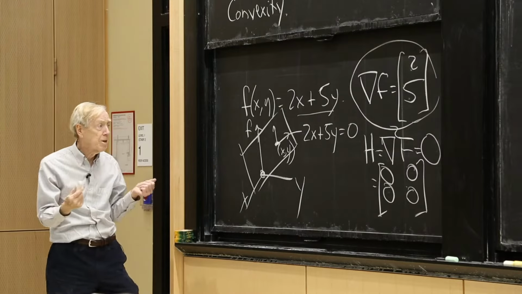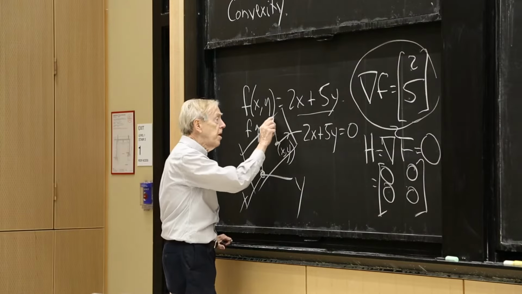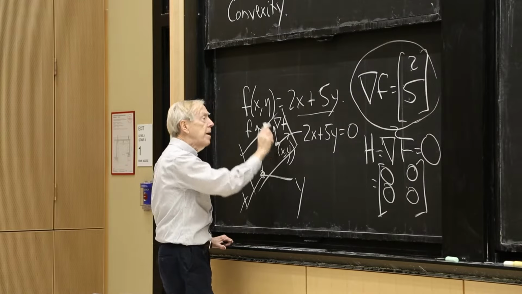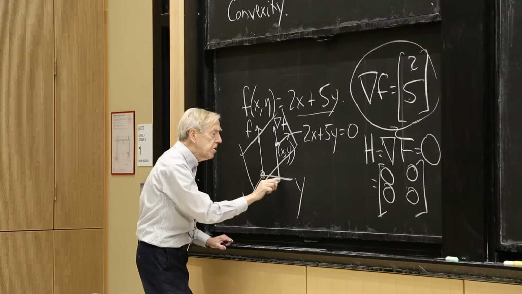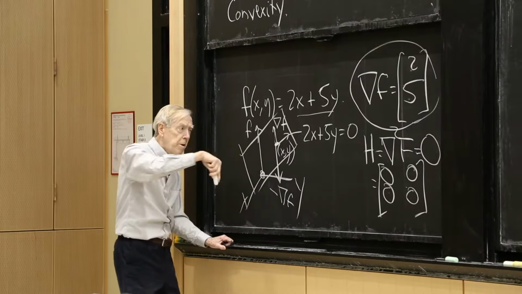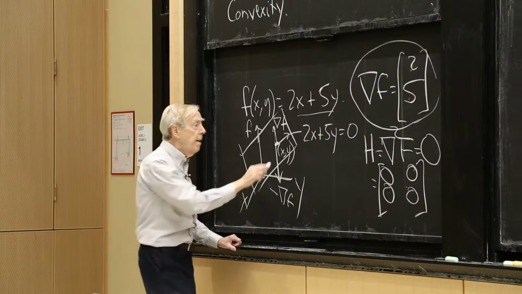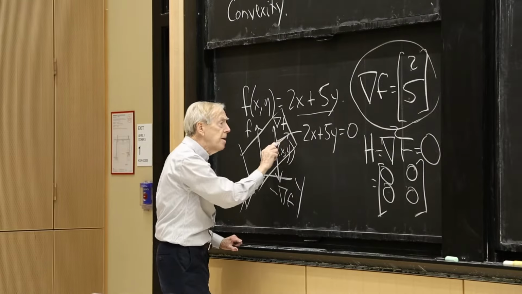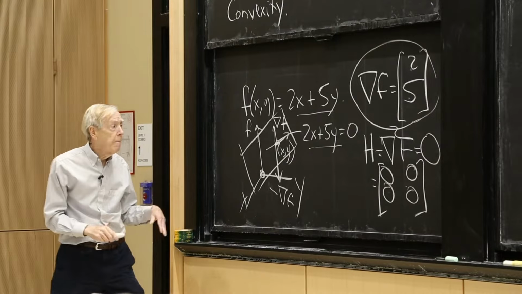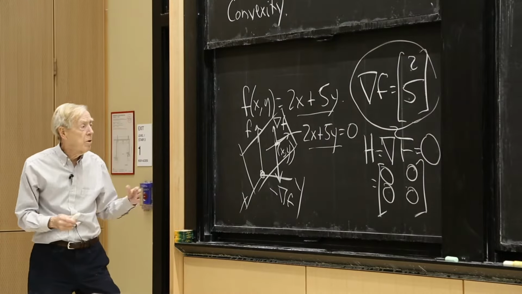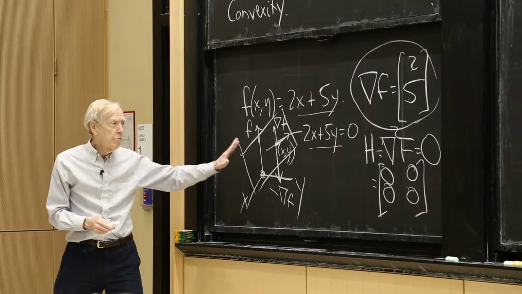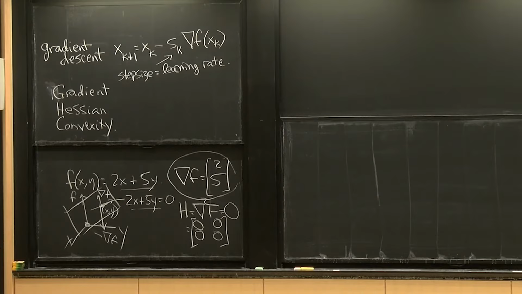Everybody knows this, I'm just repeating. This is the direction of the gradient of f, out of the plane, steepest upwards. This is the downwards direction, minus gradient of f, perpendicular to the plane downwards. And that line is in the plane. That's part of a level set. 2x plus 5y equals 0 would be a level set. Okay, that's my pretty amateur picture.